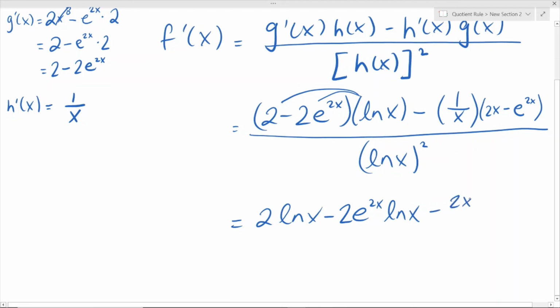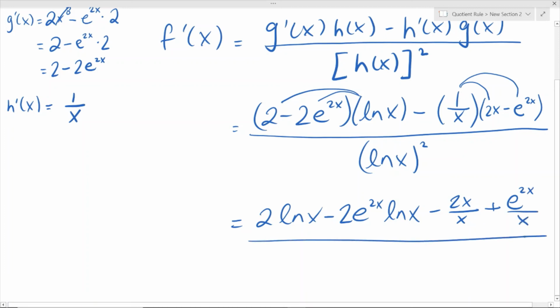So it's 2x over x, right? And then we did that, and now we do this. So it's going to be negative, and negative makes a positive, so positive e to the exponent of 2x over x, just like that. And then copying the denominator here, okay?